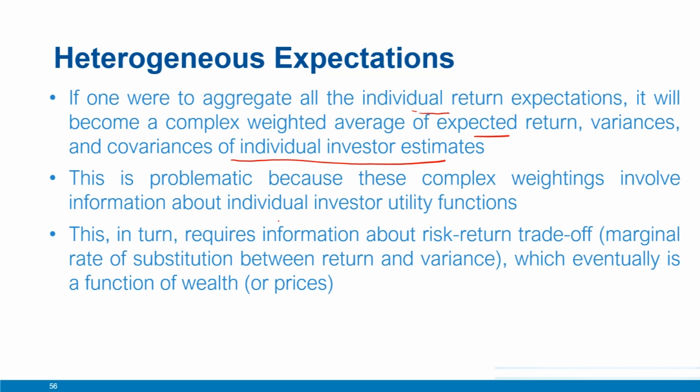information about individual investor utility functions, because they are driven by individual utility functions, and therefore in turn it requires information about risk-return trade-off, or what we call the marginal rate of substitution between return and risk, which is a function of wealth itself or prices. So ultimately we are trying to determine expected returns or prices from the marginal rate of substitution and expectations of return, which effectively is a function of utility and risk-return trade-off, or rather wealth itself.